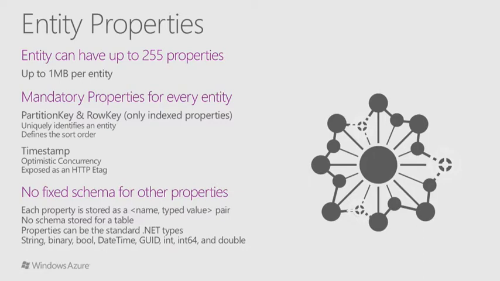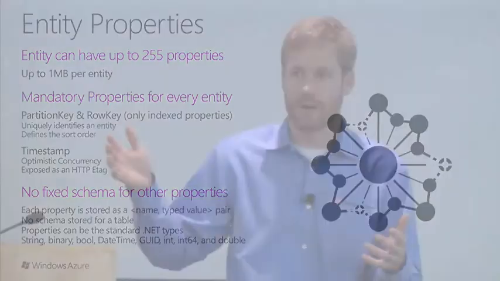I throw out an entity that says this is Noah, his birthday is August 22nd. I can then throw another entity for Michael West, and his birthday is yesterday, the string of yesterday. And I can put that out there, and the table is going to happily do that. You try it in SQL Server, it's not going to be happy with you.